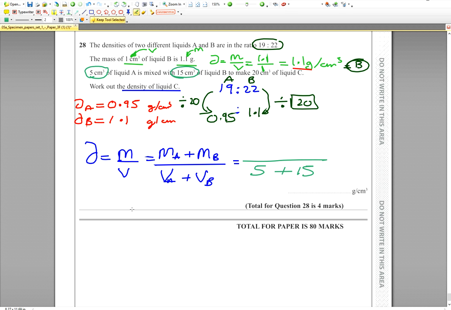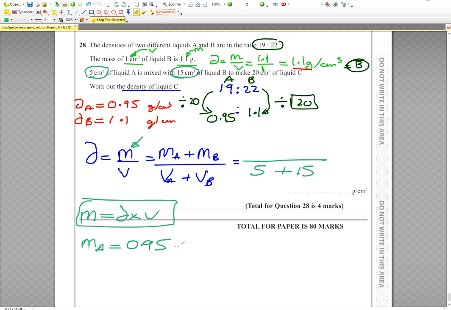So we need to work out the masses. How do you work out the masses? How do you work out the mass from here? What do you do? Anybody clever? Mass equals density times by? Volume. Beautiful. Mass equals the density times by the volume. So what is the mass of A? What's the density of A first of all? 0.95. Beautiful.